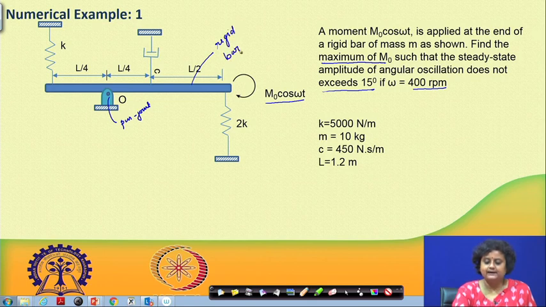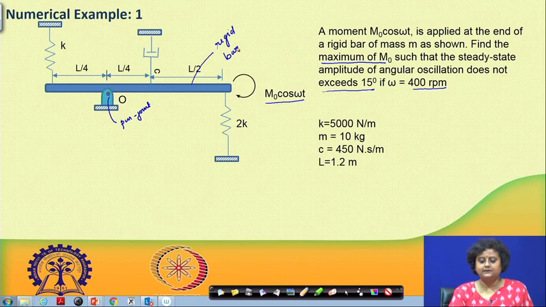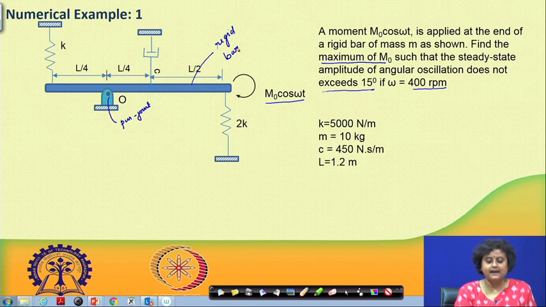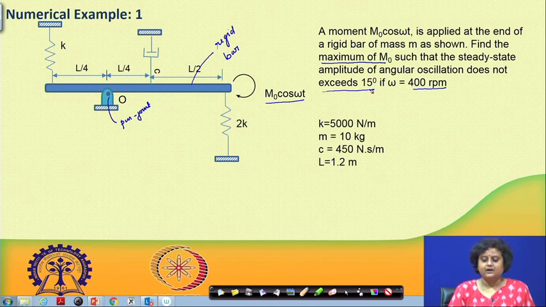We need to find out the maximum value of M0 that can be applied, provided that the maximum amplitude of the angular oscillation that this rigid bar undergoes because of this moment does not exceed 15 degrees, and it is also given that the driving frequency is 400 rpm. The values of K, M, C and L are provided.